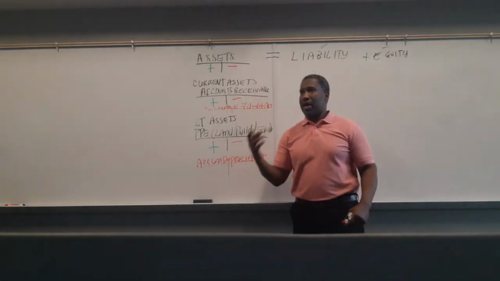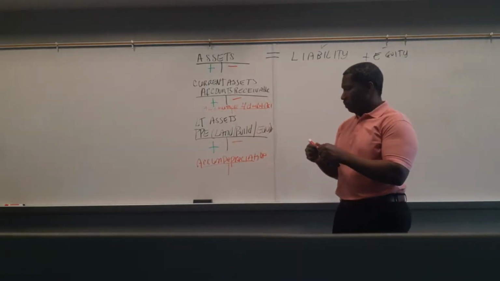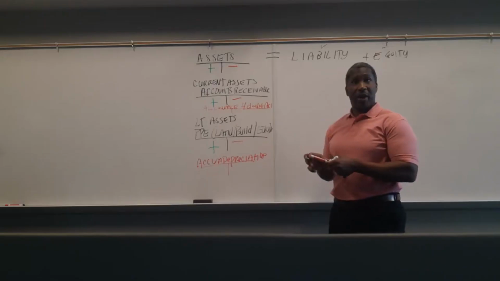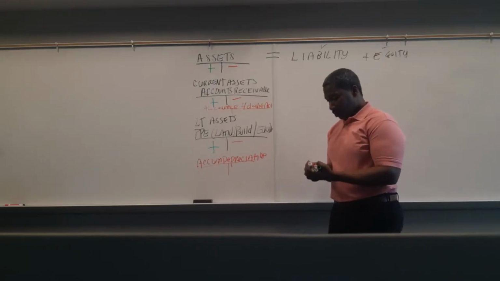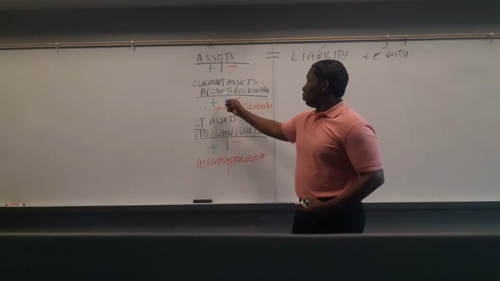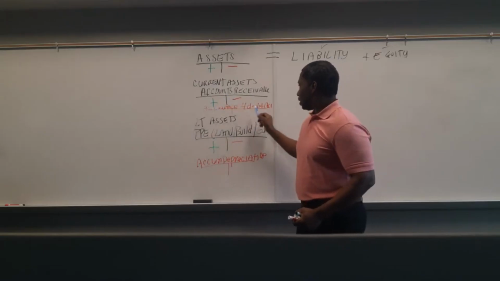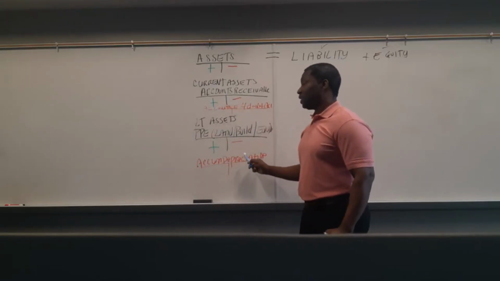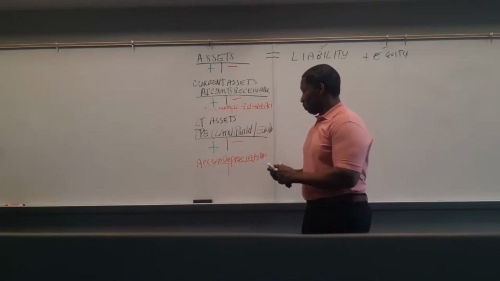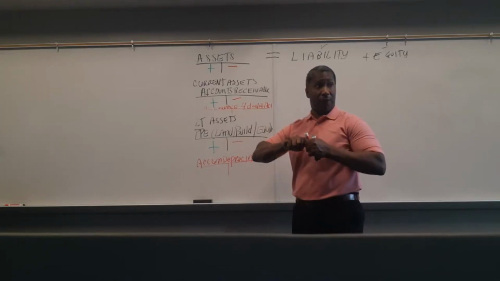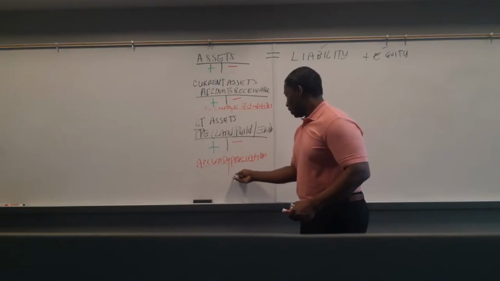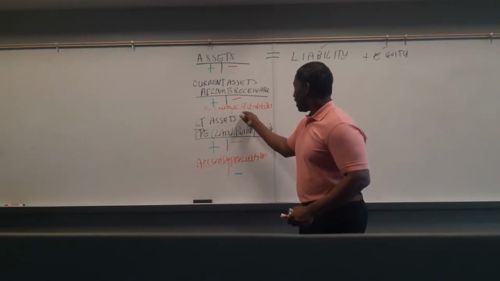Good, okay? Now, we're going to take this a little bit differently because I'm going to write it a certain way to understand what goes on. It is true. This allowance account and this accumulated depreciation, they decrease assets. So, I'm going to start off by putting a minus sign here. They decrease assets.